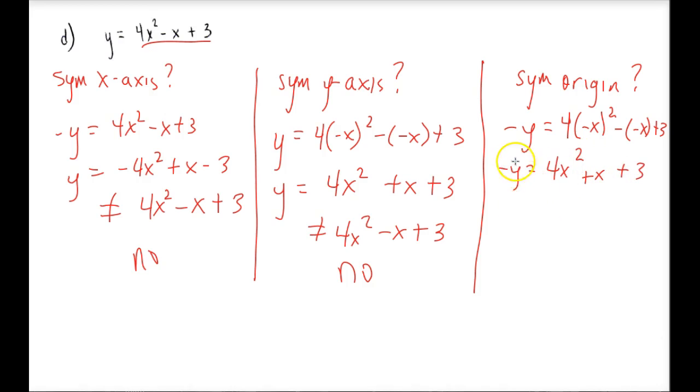And so now, of course, the negative y here, if we multiply both sides by a -1, it changes all the signs in each term. And of course, we see that this is not equal to what we started with. So this is another one where we end up not having symmetry about the x-axis, y-axis, or the origin.